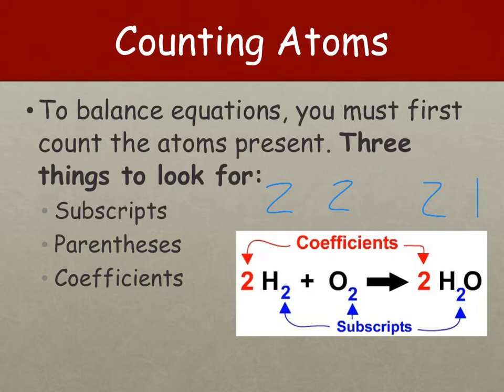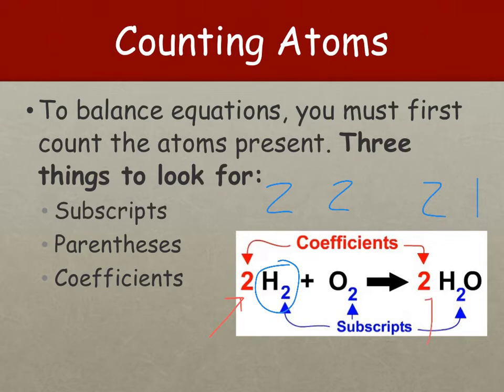So in order to get the oxygens to balance, so that we have the same number of oxygens on both sides of the arrows, we're going to be adding something called coefficients. The coefficients tell you how many molecules of each thing we need. So in this case, we have H2. The number 2 tells us that I have 2 H2s.